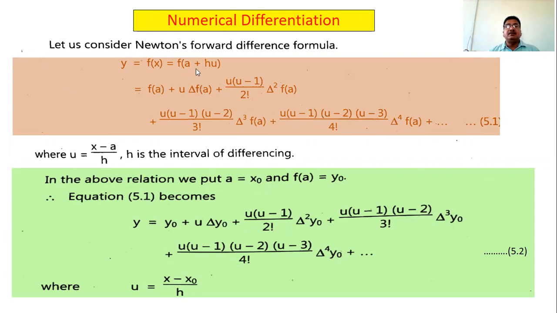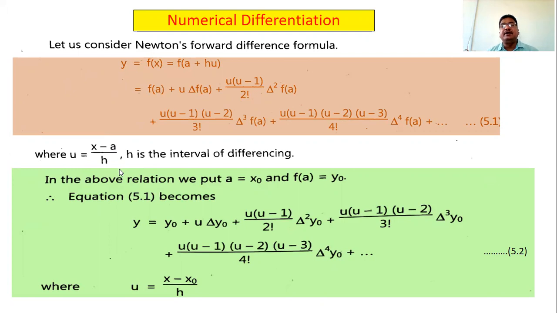And u is (x minus a) divided by h. What is this? u is x minus the first point divided by h. In Newton's forward difference formula, u is x minus the first point divided by the common difference, and in the backward difference formula it is x minus the last point divided by h.